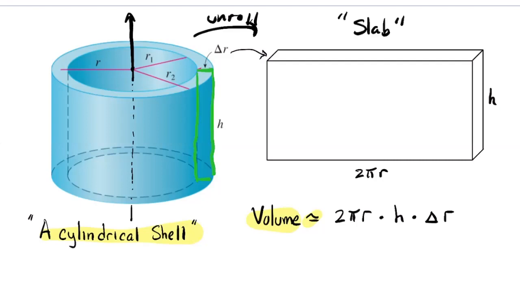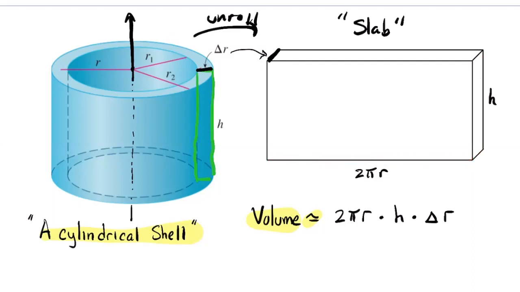And what are the dimensions of the slab? Well, the slab has a thickness. That's the thickness of our shell, this delta R, the author is denoting it. The shell had a height, h. That's exactly the same as the height of our slab when you unroll this thing. And then what about this? This is the trickiest dimension. How long is our slab?